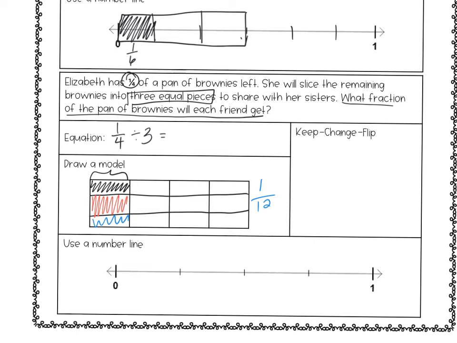And now we're going to solve this on a number line. On our number line, we just cut it into 12 equal pieces because we know that there will be cut into 12ths. But we only care about this much of the brownie. And we know that one friend gets this much, the other friend gets this much, and the other friend gets this much. So each person will get 1/12 of the brownie.